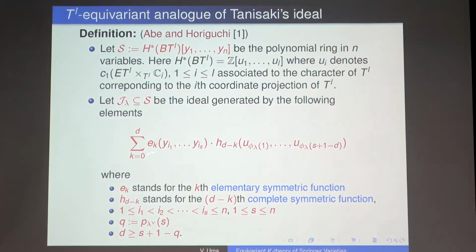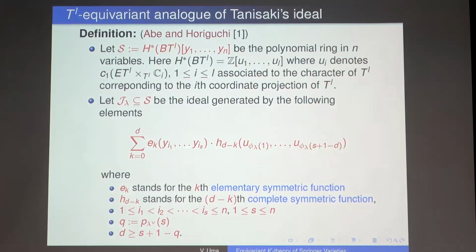So this is a product of e_k(y_i1 up to y_is) times h_{d-k}(u_phi1 up to u_phi lambda s plus 1 minus d). So exactly, this k varies from 0 to d.